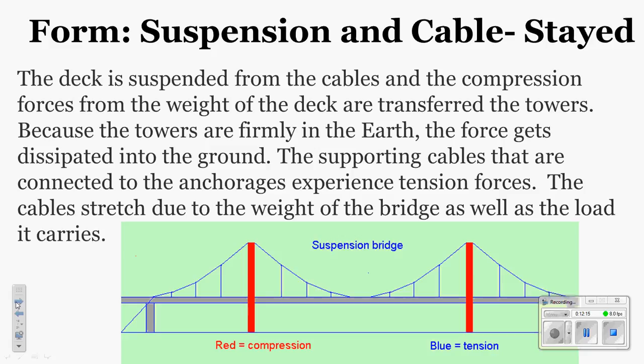The cables stretch due to the weight of the bridge as well as the load that it carries. So our support beams are our compression, and then the blue is our tension. Those are our tension wires.